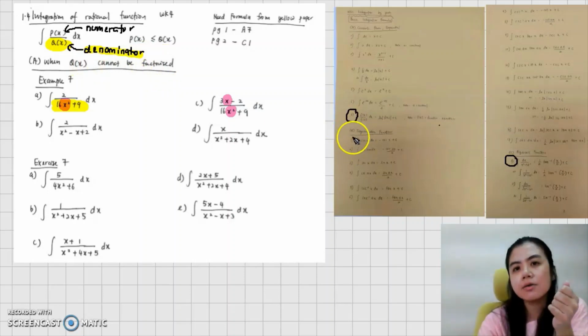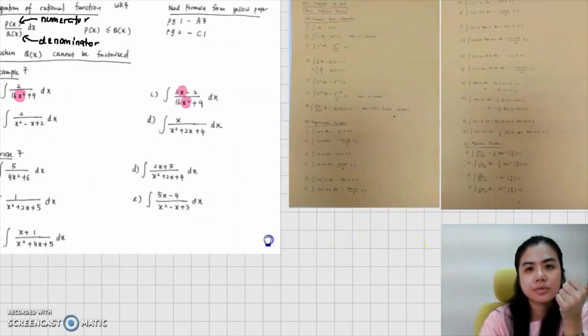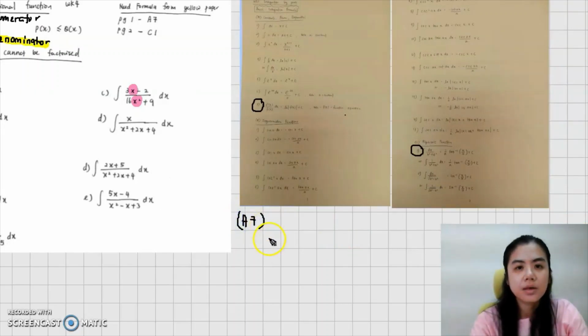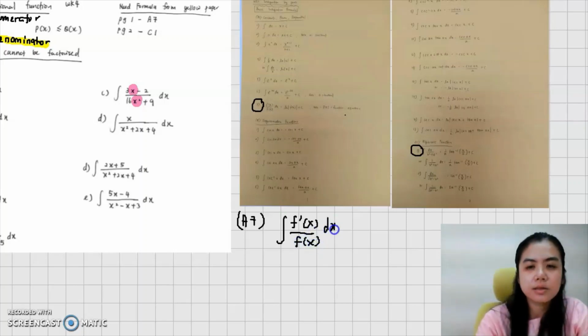Let me write out the formula of page 1, A7 first, because later we're going to use it. The formula A7 is the integration of f prime over f dx, that is equal to ln f(x) plus c.